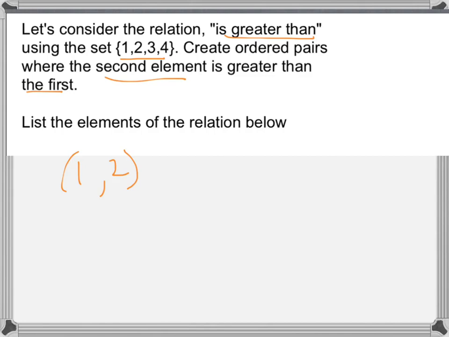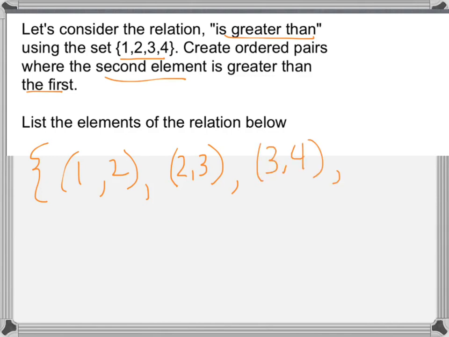Okay, remember, a relation is a set. So with set notation, I use the curly bracket. It's a set of ordered pairs. Okay, so my first element in my set is the ordered pair 1, 2. Okay, and then the next element I could go to 2, comma 3, and then I could go to 3, comma 4.